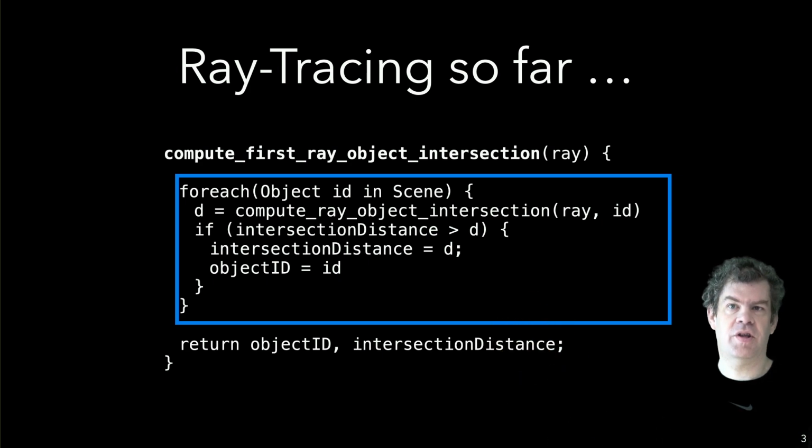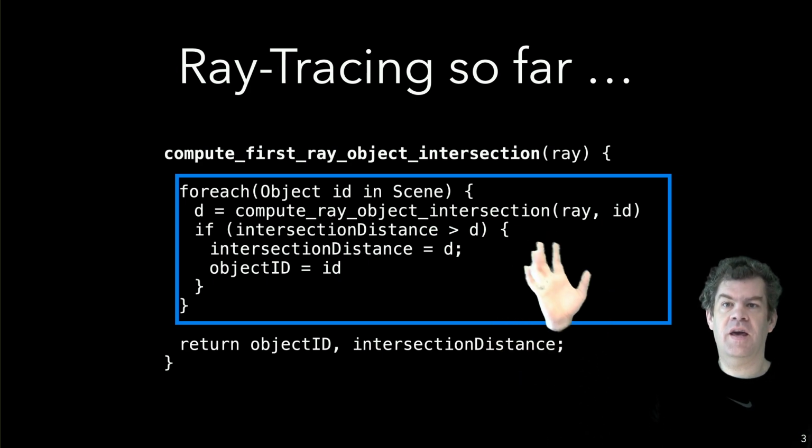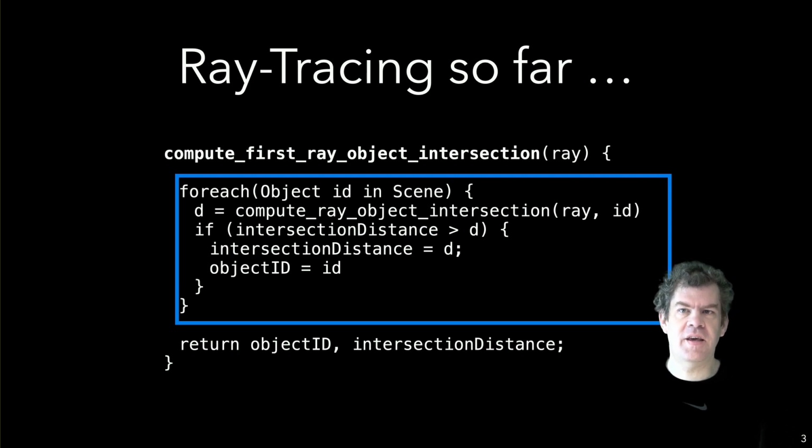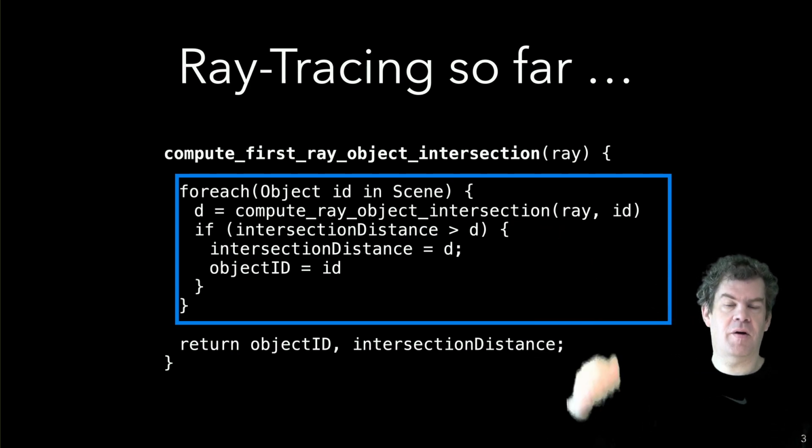So we need to properly initialize that, of course. And if that's the case, we'll store that. And after we went through all the objects, we found the minimum intersection point, the closest intersection point, and we'll work with that. Okay?